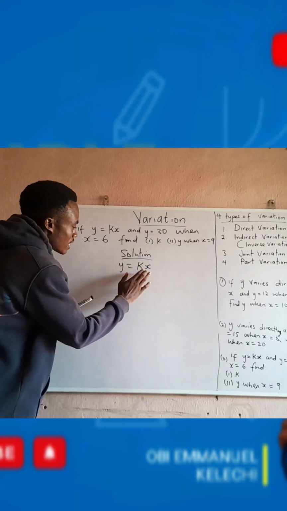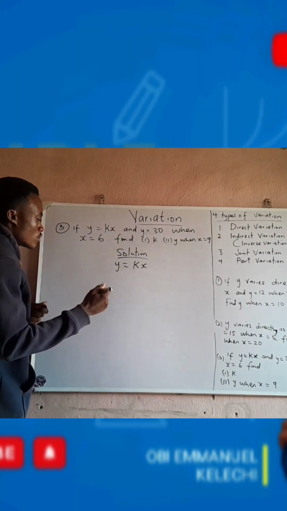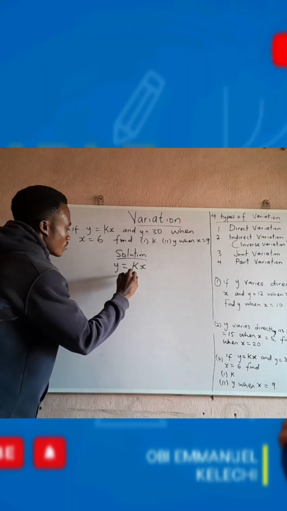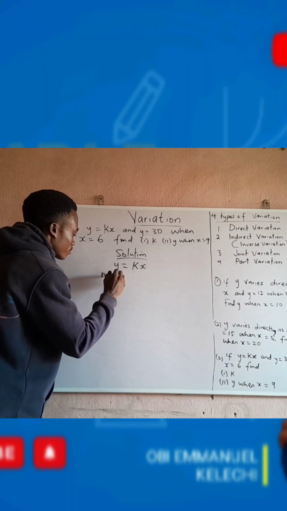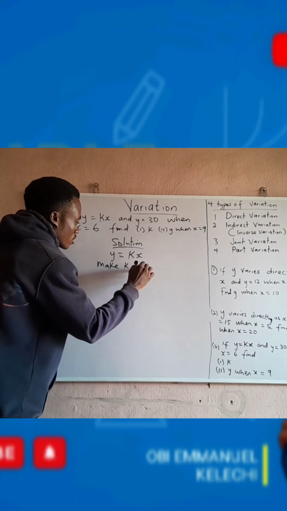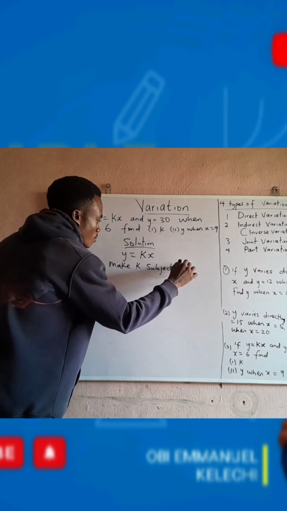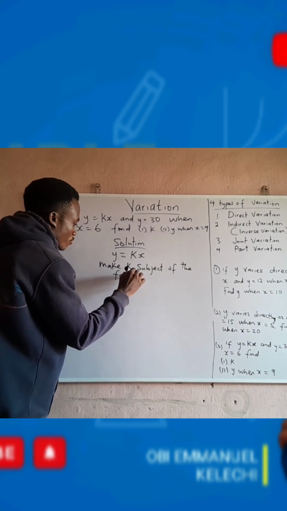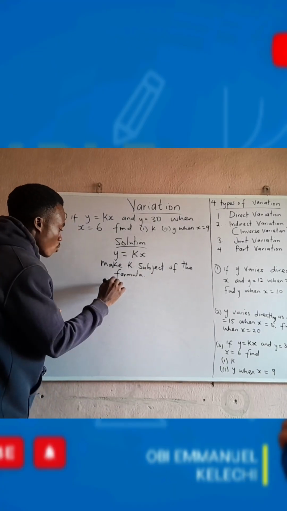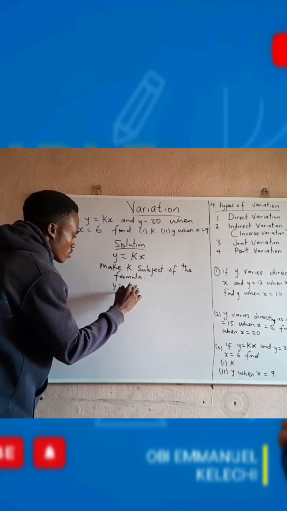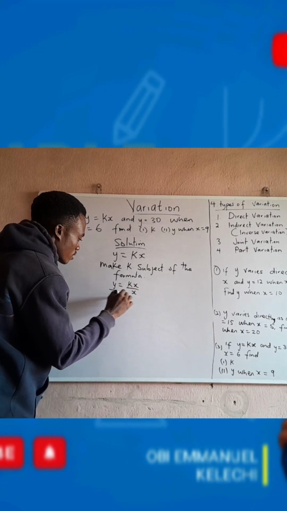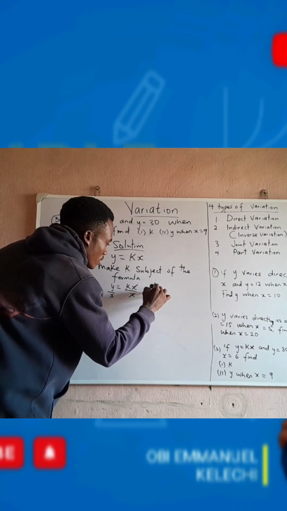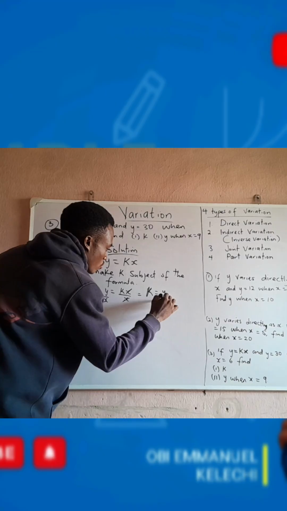So we are going to make k the subject of the formula, and by doing so we'll divide both sides by x. So y over x is equal to kx over x. So k is equal to y over x.